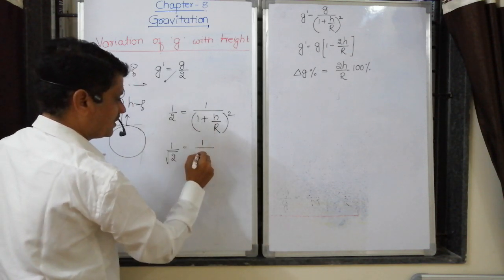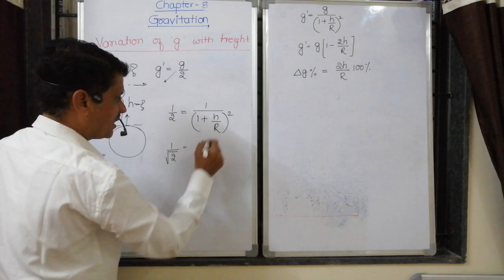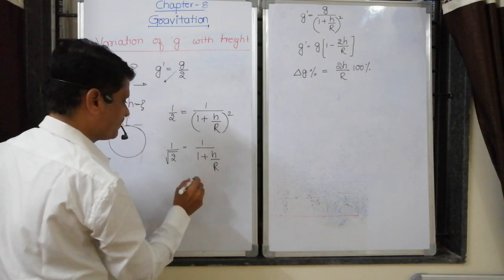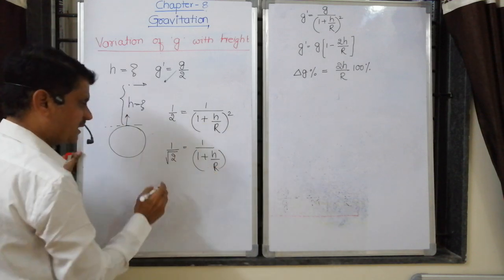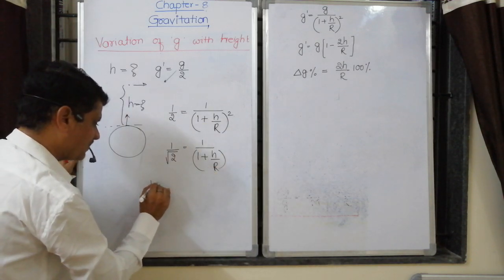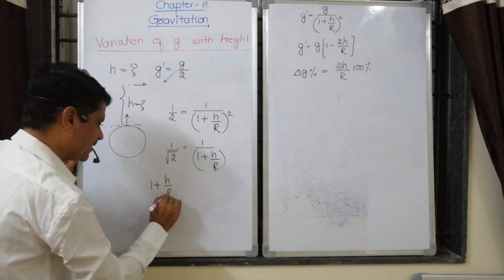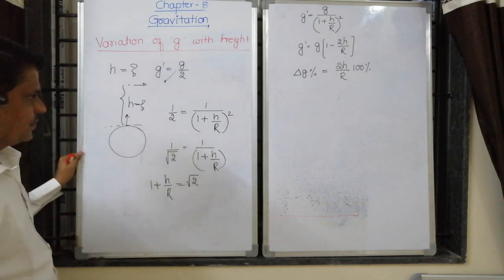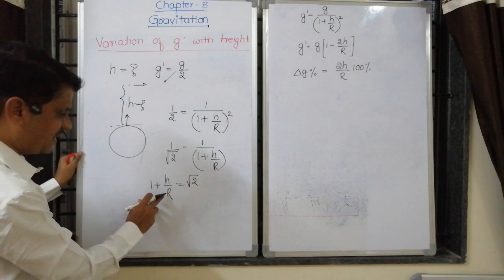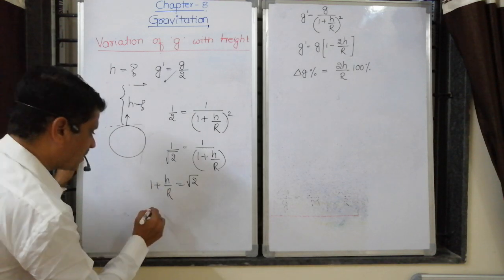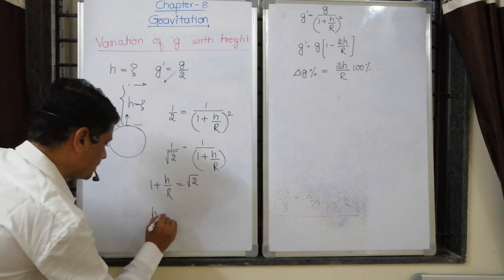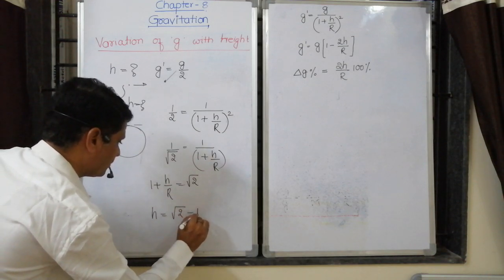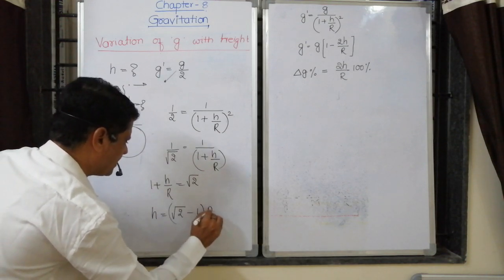Here, if I take root, this square will go, 1 plus h by r. Cross multiply. 1 plus h by r is equal to root 2. Today I am interested in h. Therefore, after simplification, h is equal to root 2 minus 1 into r.